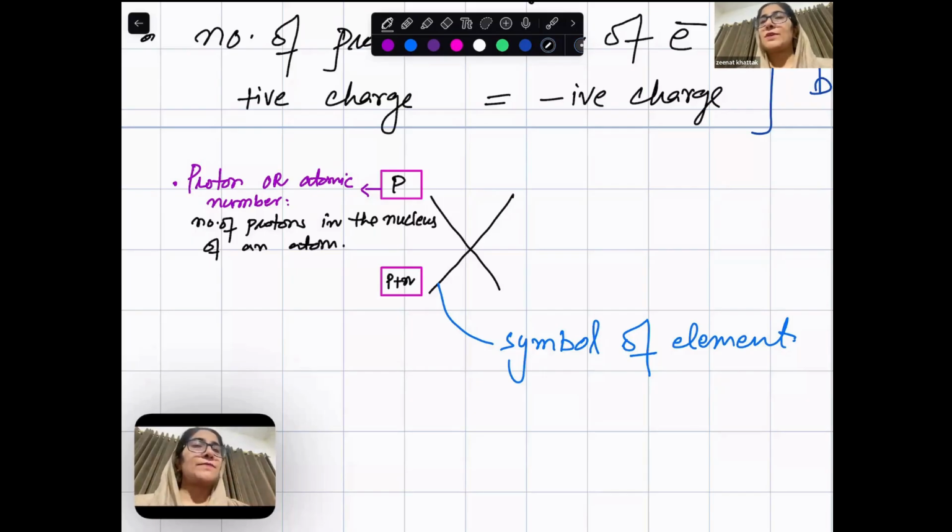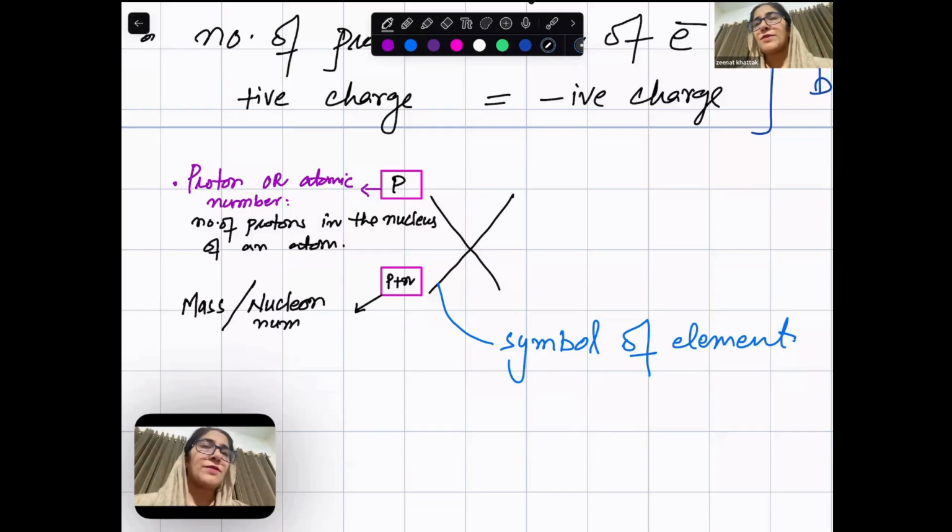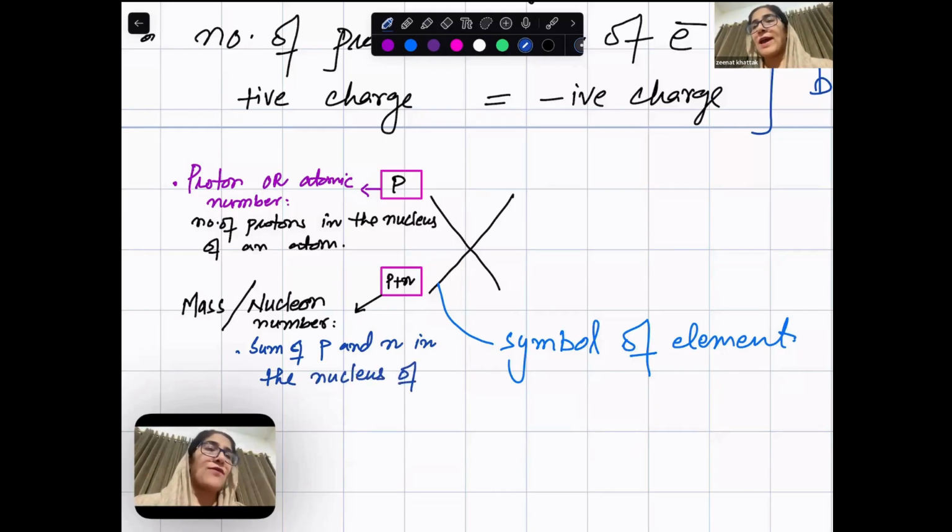And this, as I told you, is the mass or nucleon number. What is the mass or nucleon number? It is the sum of protons and neutrons in the nucleus of an atom.